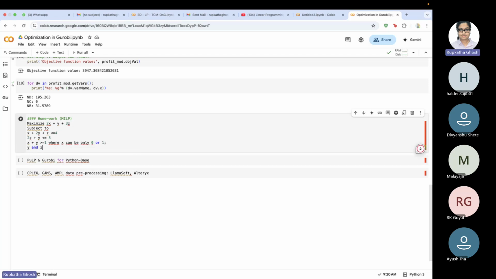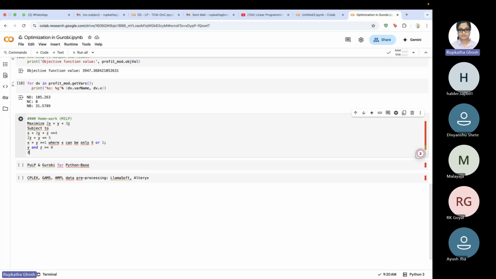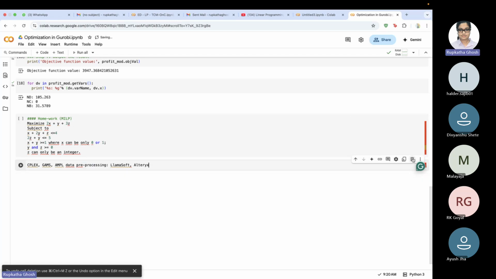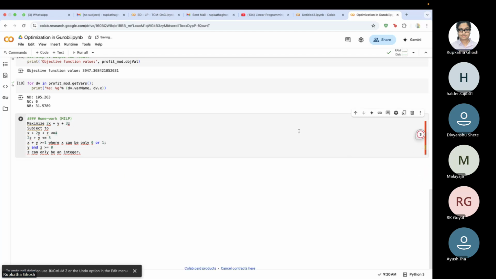Y and z are greater than or equal to 0, and z can only be an integer. Please note it down and solve it. In the next class, you can tell me.